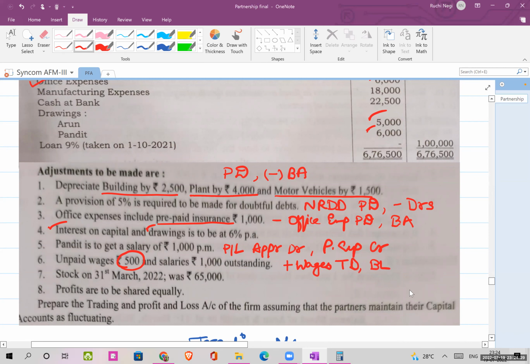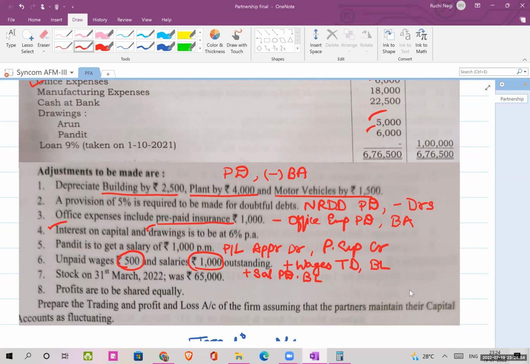Same way, salaries: how much is outstanding? 1,000. It will be added to salaries. Salaries is in P&L debit, and the second effect will be balance sheet liability. And the last part, stock on 31st March 2022.